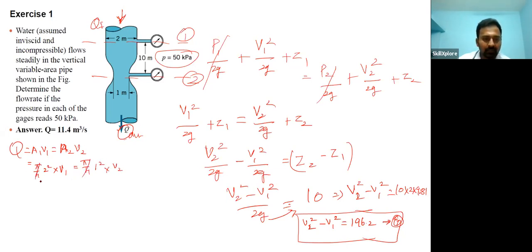Just cut these two, and 2 square is 4 V1, which is equal to V2. So we can say that V2 is equal to 4 times V1.